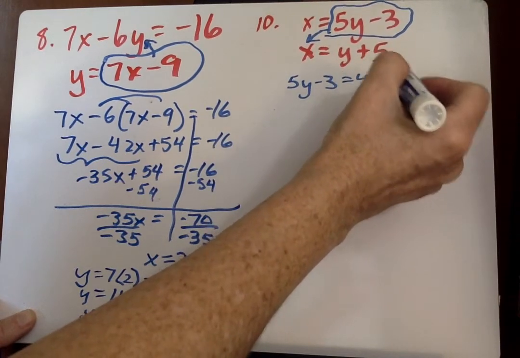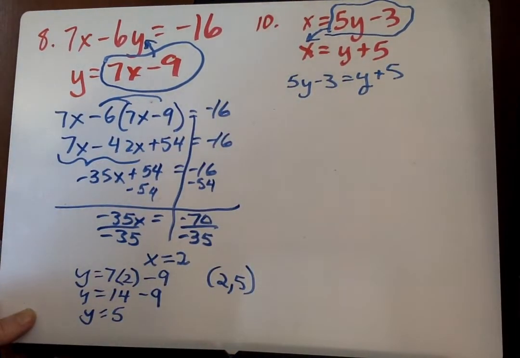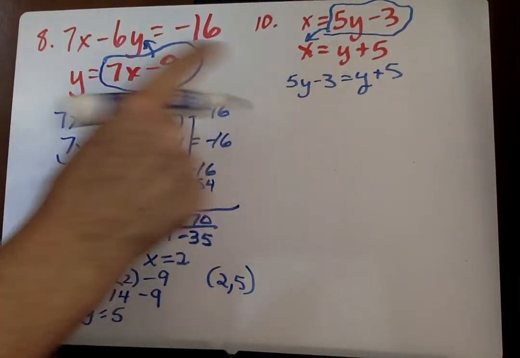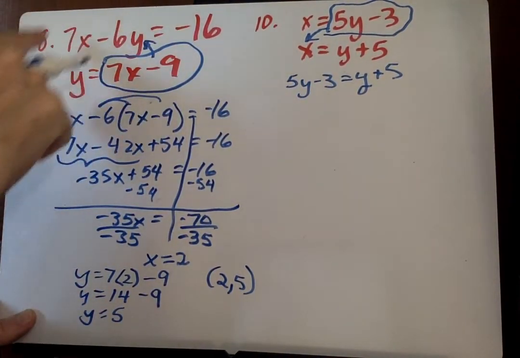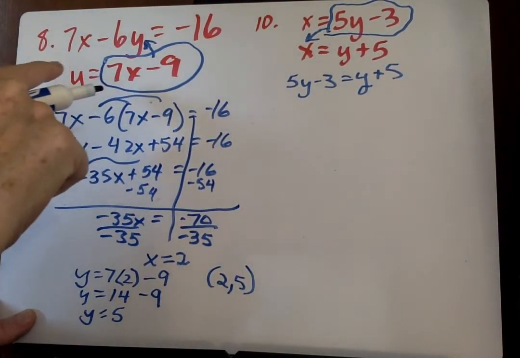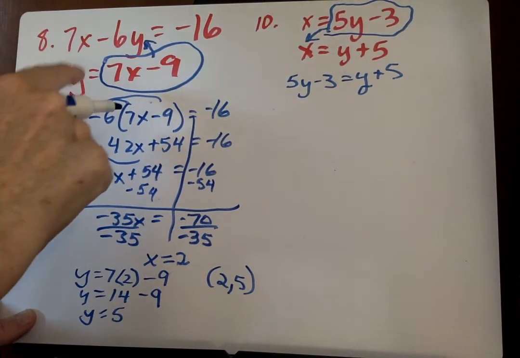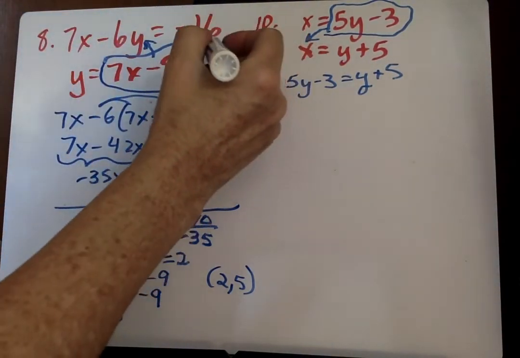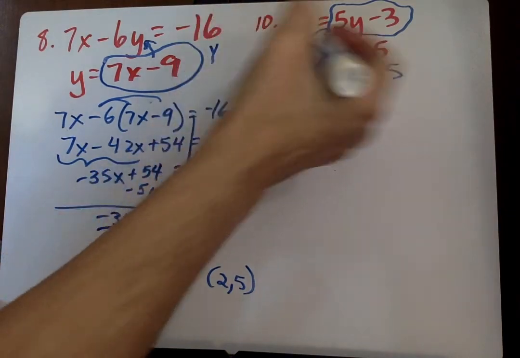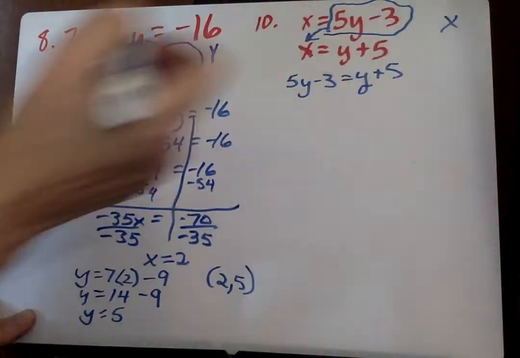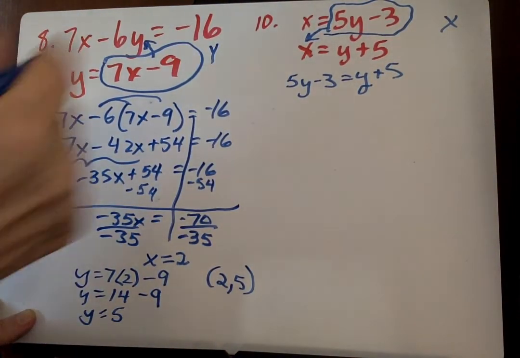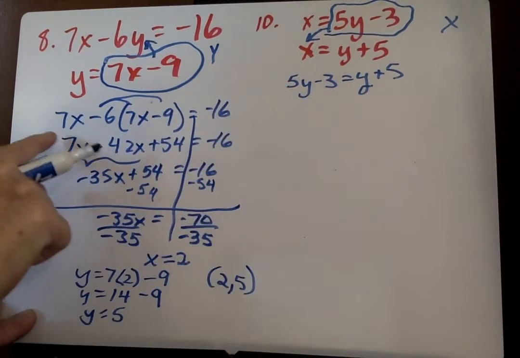Now, when I write this equation, there should be only one variable, either all y's or all x's. Oh, by the way, on this one, when it asks which variable is isolated, this is going to be the y. For this one, which is isolated, you say x. So we know that we won't have an x here, like we won't have a y here.